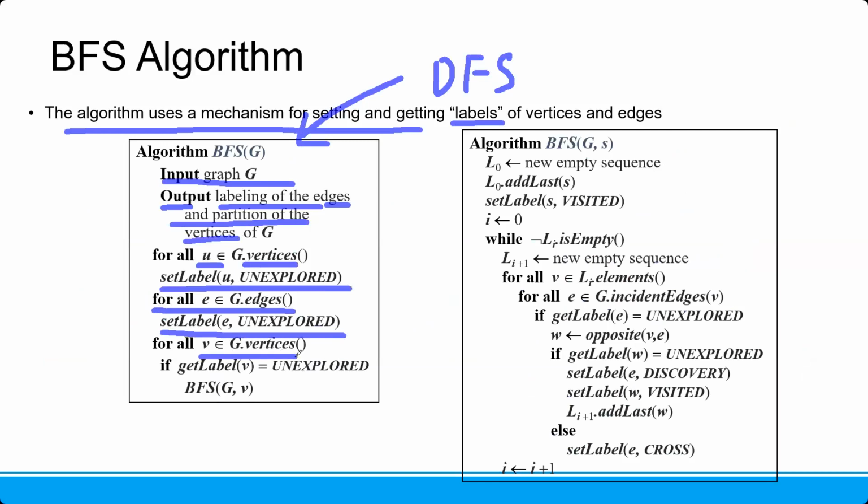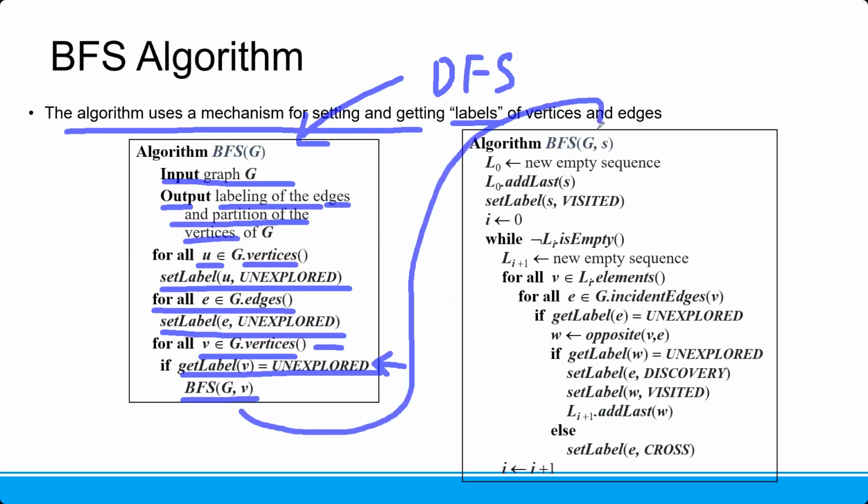And then we go through all vertices, and if a vertex is unexplored, we run the BFS from it. So the BFS will be this one, and V will be the vertex.